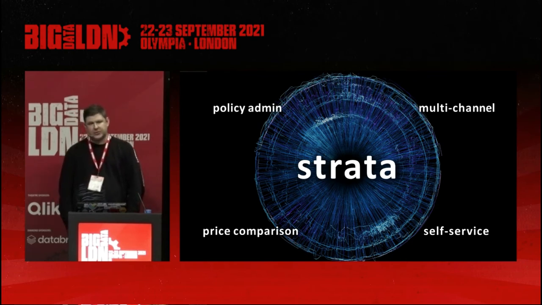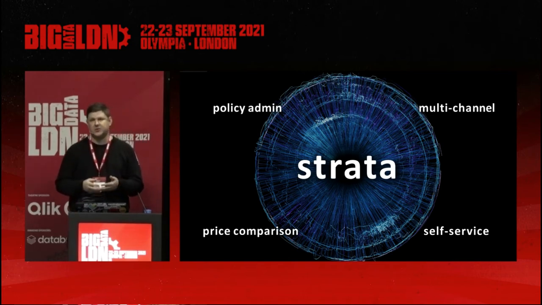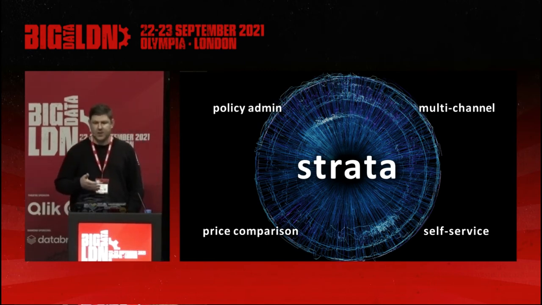So CDL's retail insurance solution is called Strata, and it's able to handle every aspect of our customers' core business. Strata supports insurance providers to bring products to market. We use a multi-channel strategy, and all the data is held in a single database.